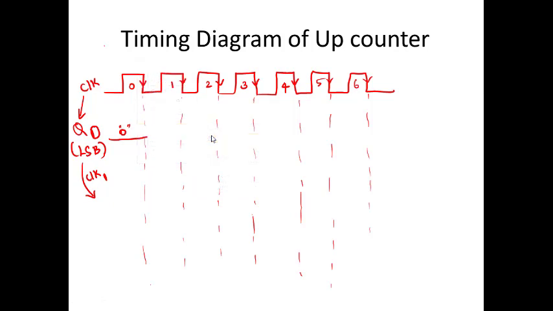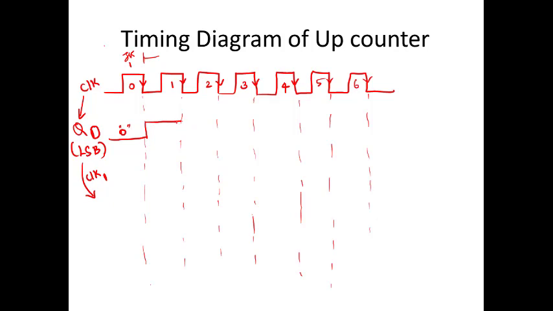This is your JK input 1. Now, whatever may be the previous output 0, it will toggle, right. Till where? Till this point, till your next negative edge trigger.